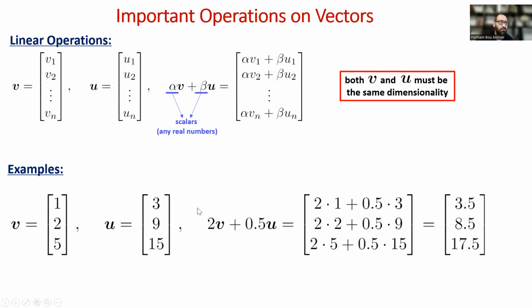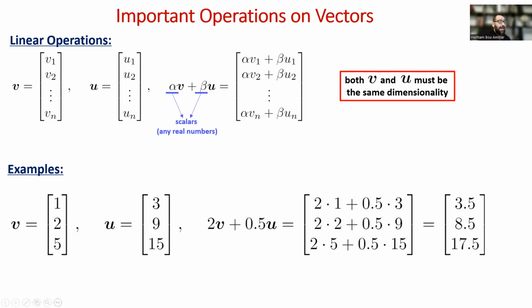So here's an example of this to better understand it. Imagine we are in 3-dimensional Euclidean space, so I have 3 components. Imagine I have a vector v which has components 1, 2, 5, meaning it has 1 in the x direction, 2 in the y, and 5 in the z. And I have a vector u that is 3, 9, 15, meaning I need to go 3 in the x-axis, 9 in the y-axis, and 15 in the z-axis.